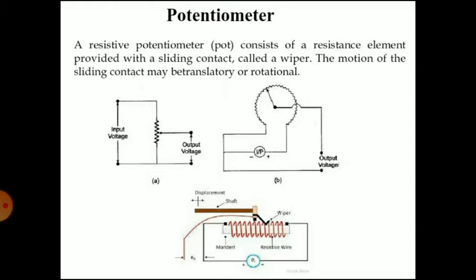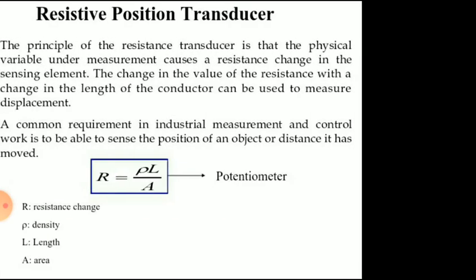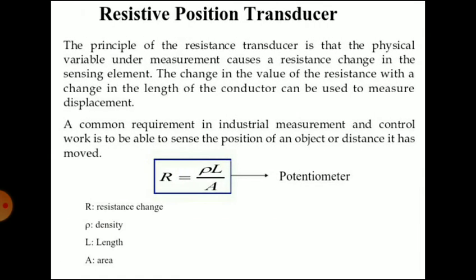So you can see the diagram. This is the resistive position transducer, that is the potentiometer. The principle of a resistive transducer is that the physical variable under measurement causes a resistance change in the sensing element. The change in the value of the resistance with a change in the length of the conductor can be used to measure the displacement.